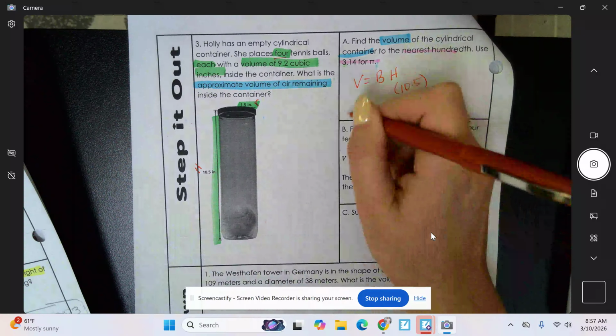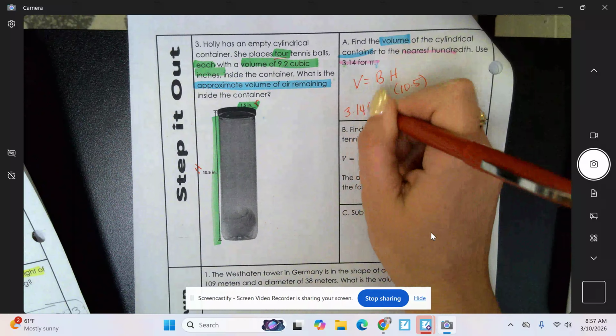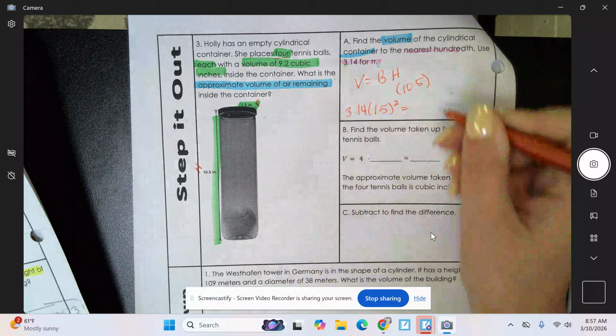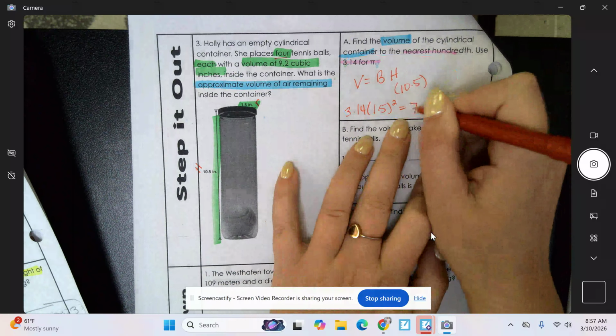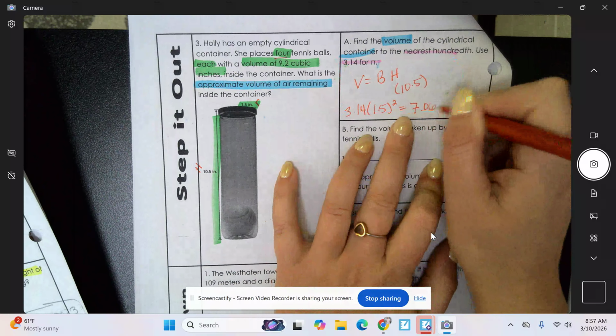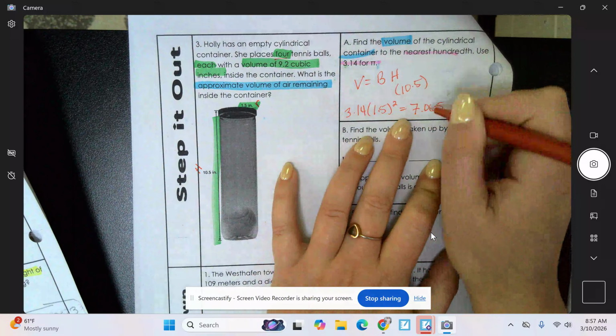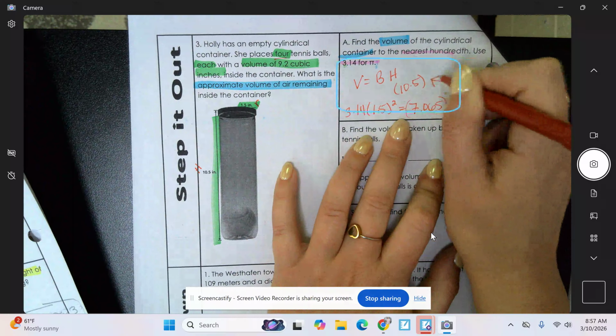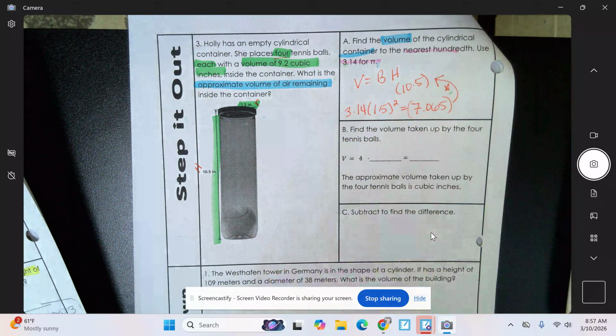So we've got 3.14 times the radius squared, which gives me 7.065. Alright, so we're going to take that and multiply those two numbers together.